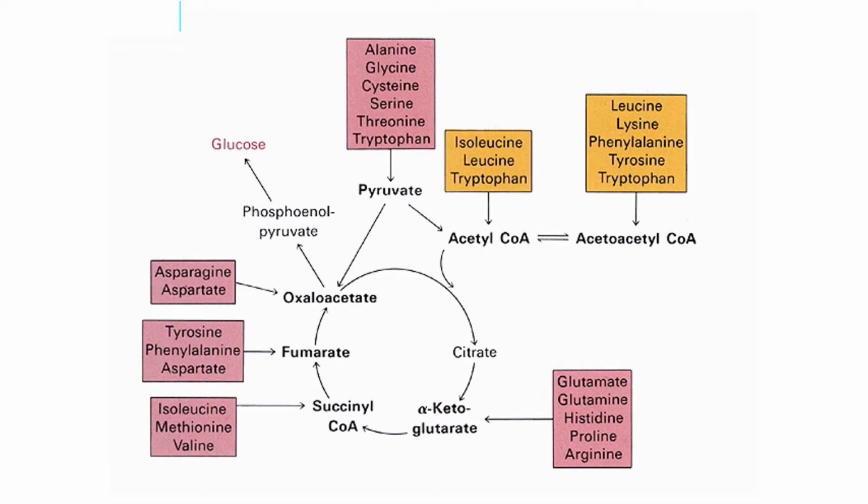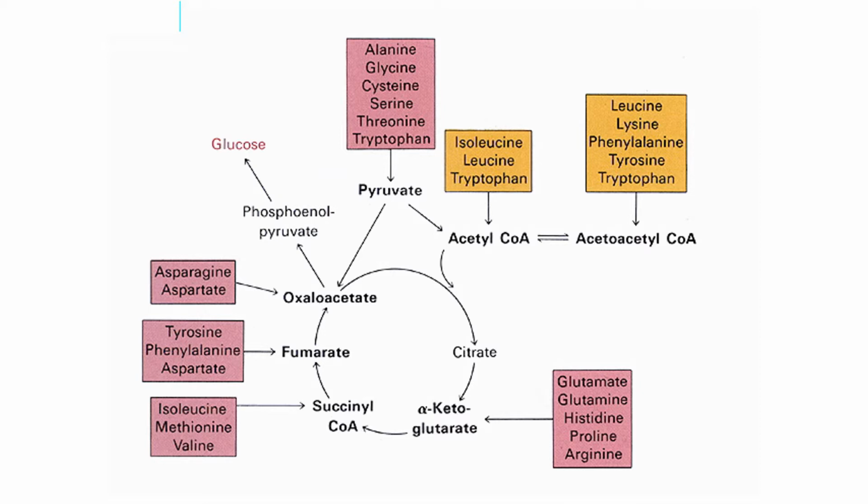So this figure just gives an overall view of the catabolic fates of these common amino acids. Those that are in the pink boxes, or purple, whatever color it looks to you, are considered to be gluconeogenic, meaning they can be utilized to produce glucose or glycogen, whereas the yellow boxes here are ketogenic amino acids.